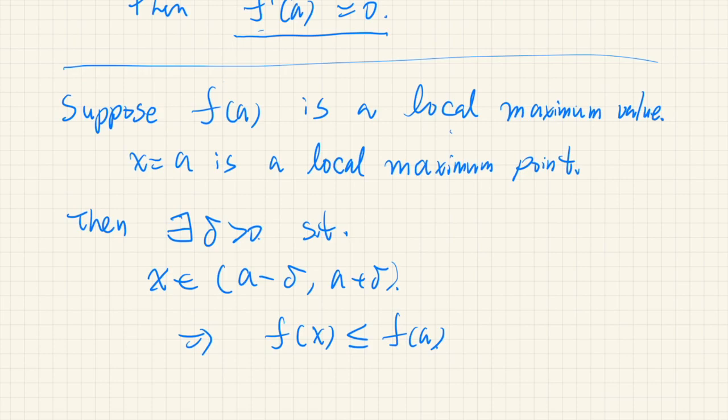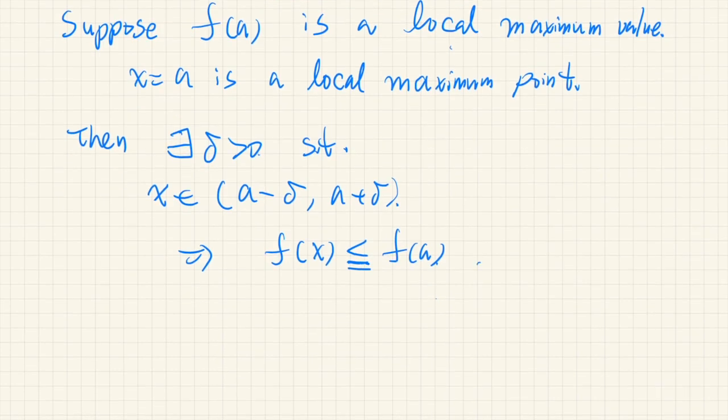In this case, we include the case where x is exactly equal to a, so the equality holds only when x is equal to a; otherwise it's strictly less than. So we have this inequality to begin with.